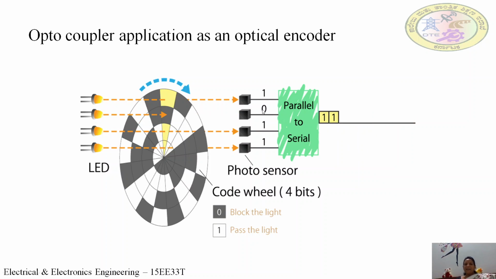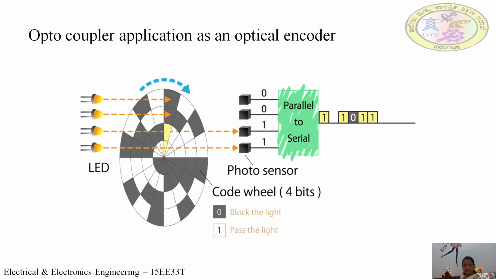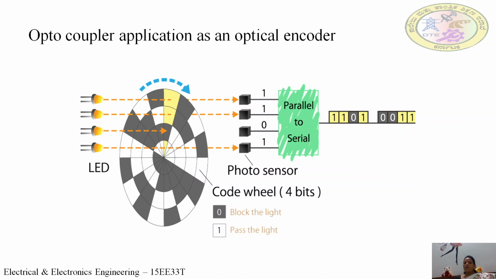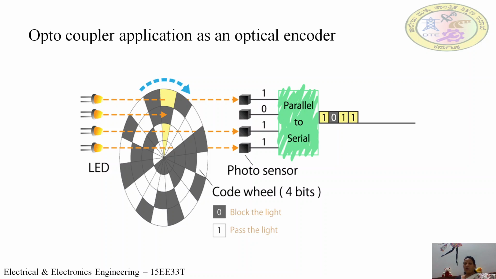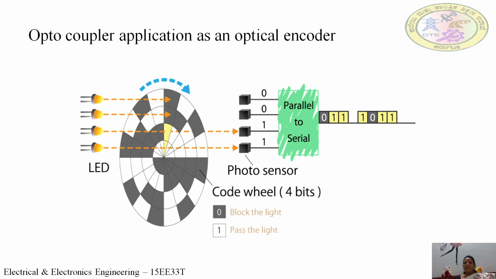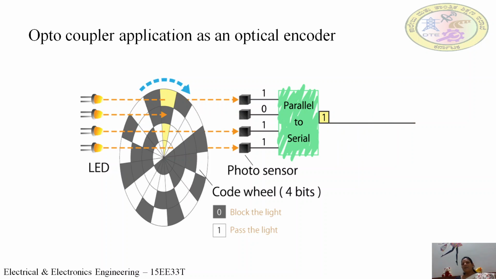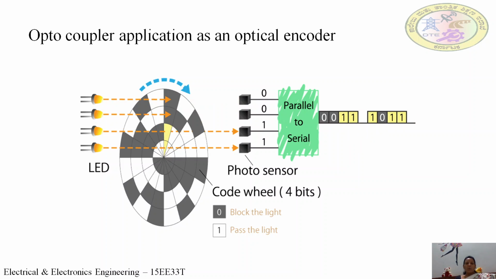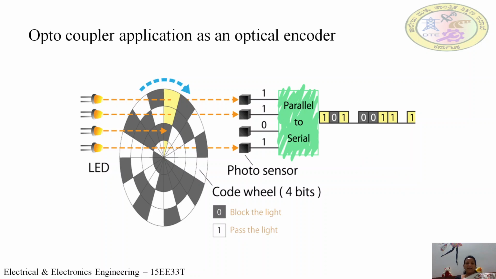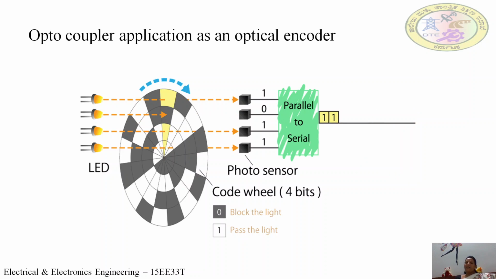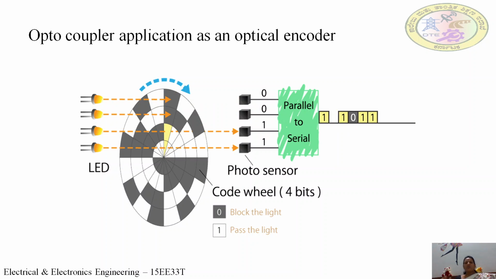So when the light from the LED is blocked by the non-transparent portion, you will get zero output. But when the light passes through the transparent portion, you will get a high output signal, that is 1. In this way, the angular displacement or angular position of the disc can be measured.